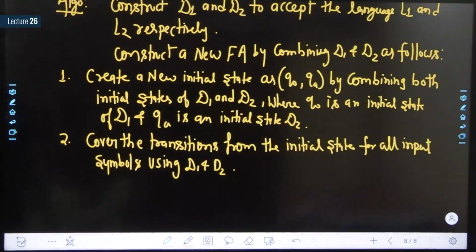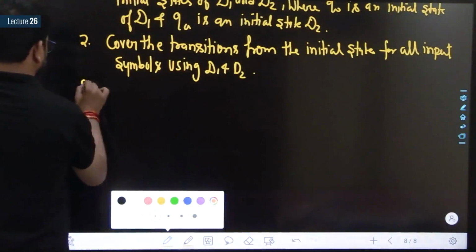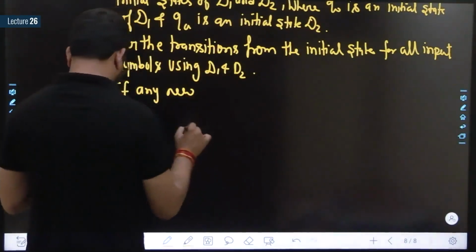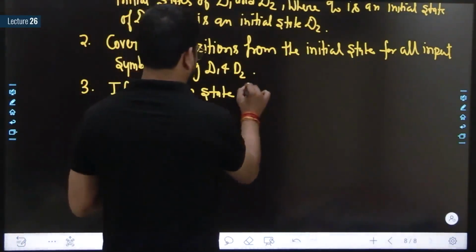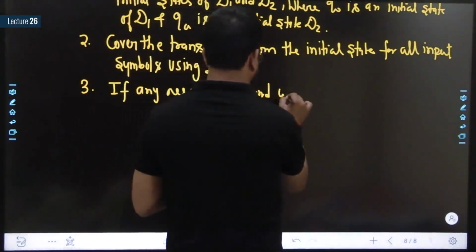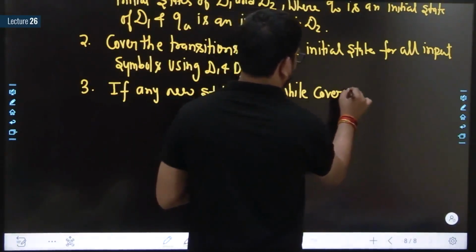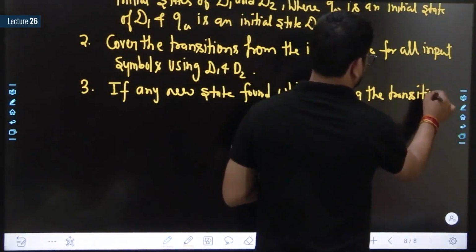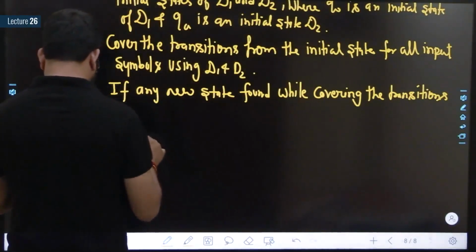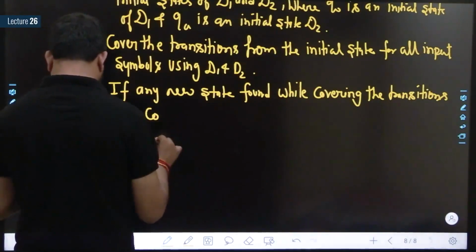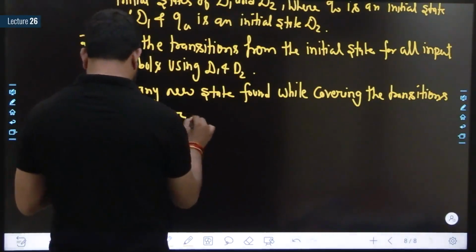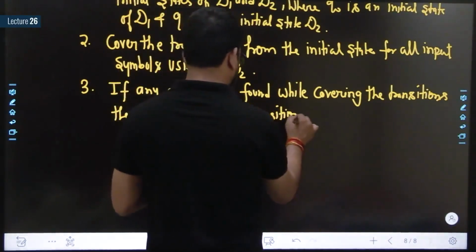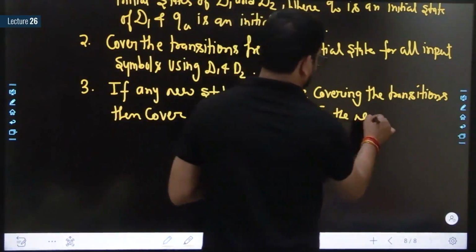Okay? Now see the next point. If any new state is found while covering the transitions, then cover all the transitions for the new state.